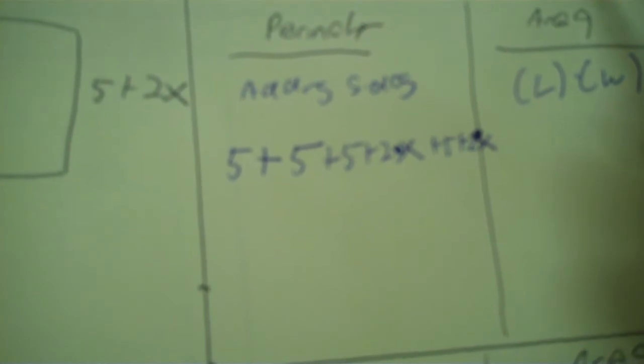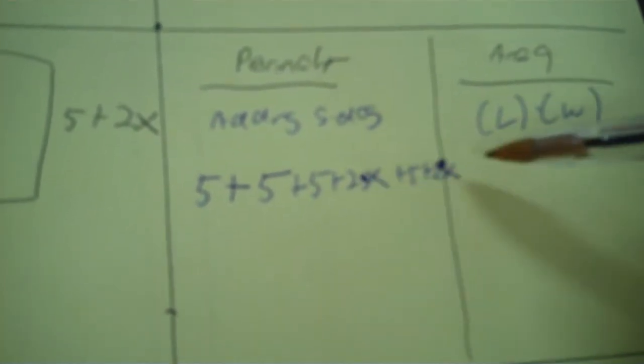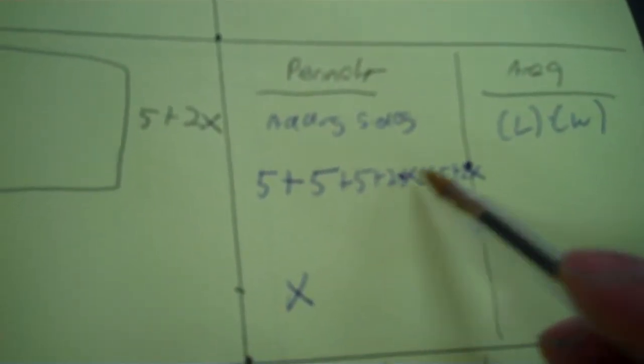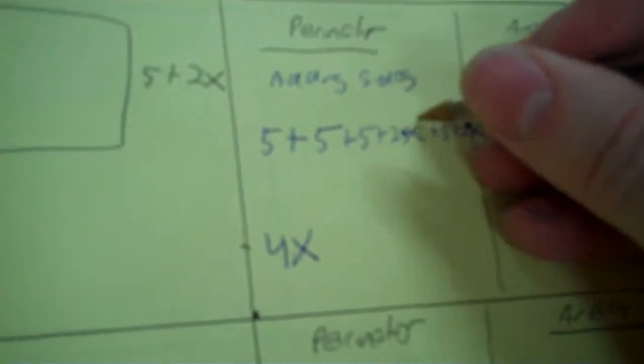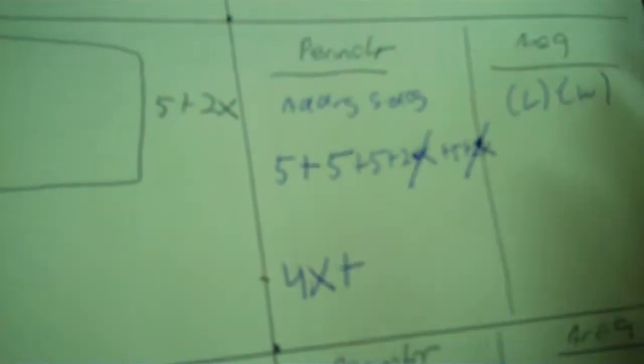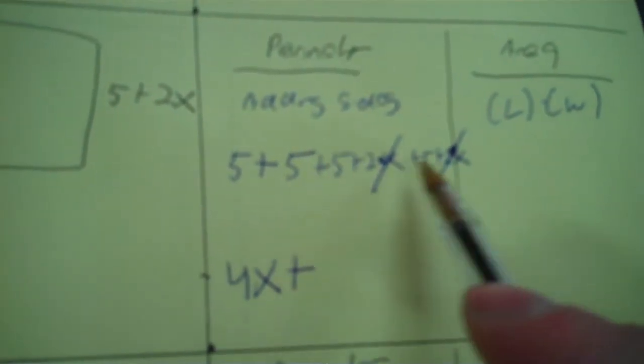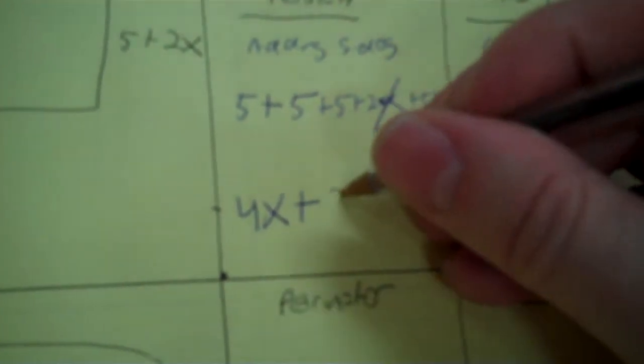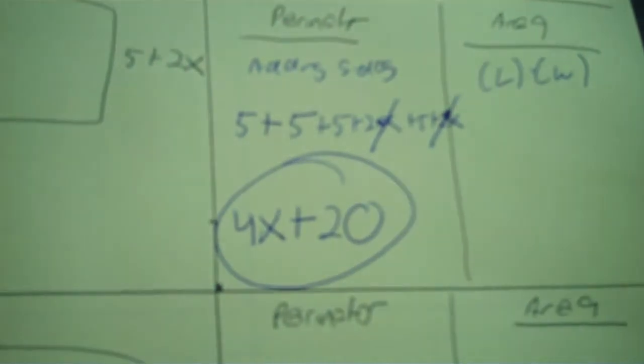Exponents, nope. Multiplication, yeah, but you can't do it. Addition. Well, I write x down. Numbers in front multiplied by x, 2 and 2, so that'd be 4x. Then I write plus, and I add all these 5s that are not multiplied by x, all 4 of them. 5, 5, 5, 5, that's 20. And there's your perimeter.